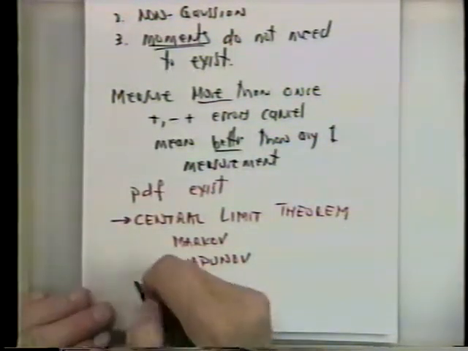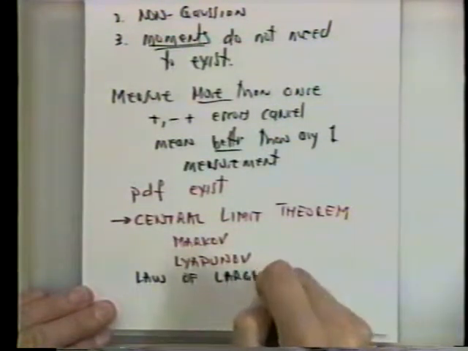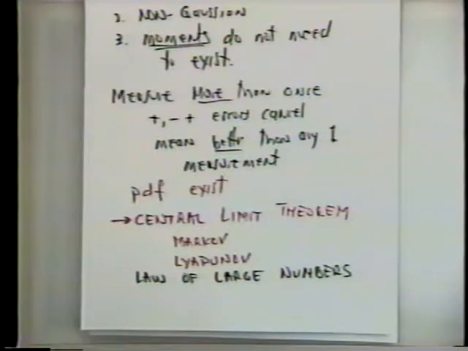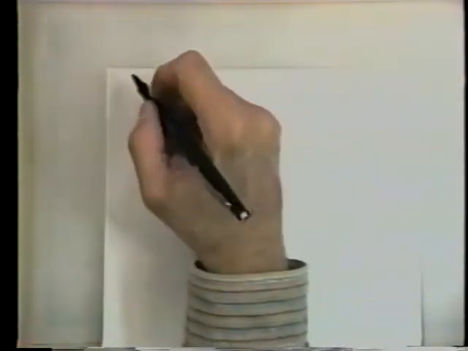What's not usually understood is that the central limit theorem says a number of things. It's related to something else called the law of large numbers, which goes back, of course, to one of the Bernoullis and some other people. Let me say something about the law of large numbers. This is sometimes considered one of the assumptions underlying statistics.